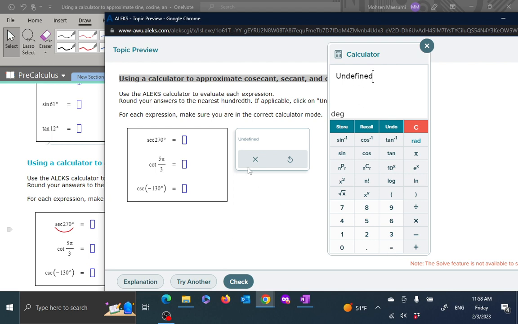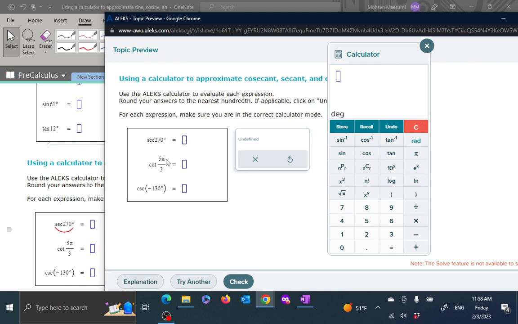So here you choose undefined for that, or later on you're going to try to label it as plus or minus infinity and so on. Okay, let's practice the other one as well, cotangent. So let's clear this one, and that's 5 pi over 3.